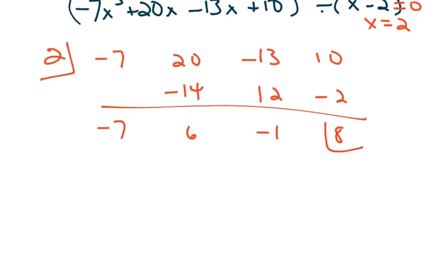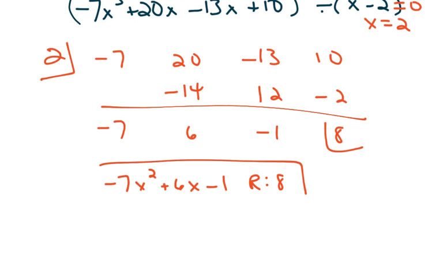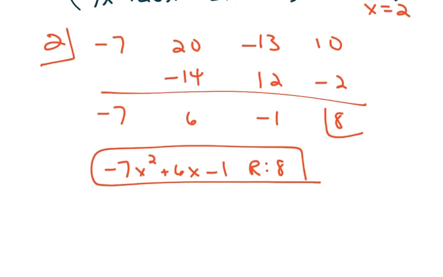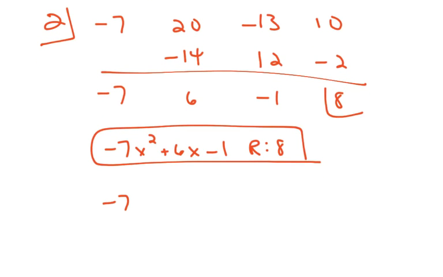There are a couple different ways of writing the final answer, and I'm not sure which one's on the final exam, so I will give you all three. One of them is to write negative 7x squared plus 6x minus 1 with a remainder of 8. That's probably the original way that you learned how to do this problem. You may also have learned this, negative 7x squared plus 6x minus 1 plus 8 over x minus 2.